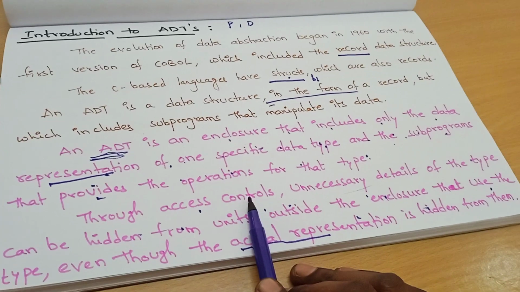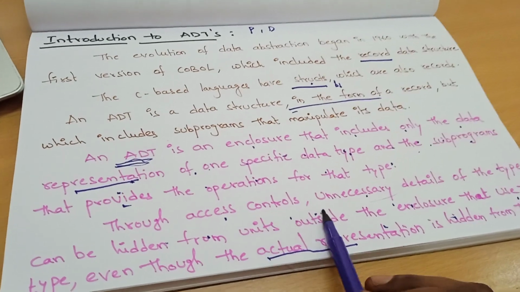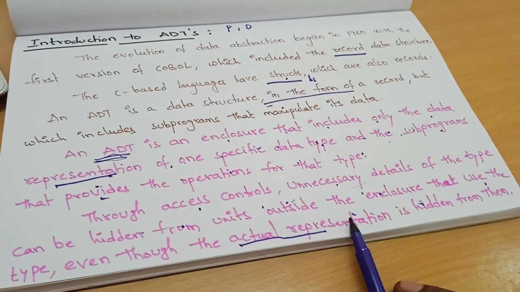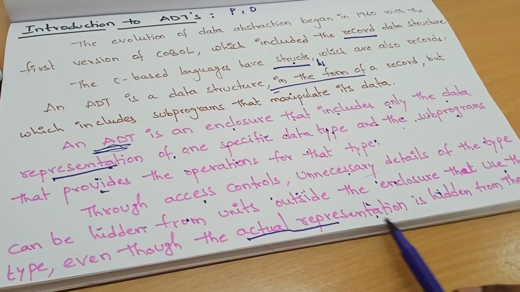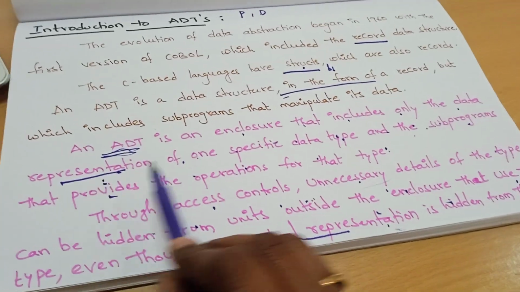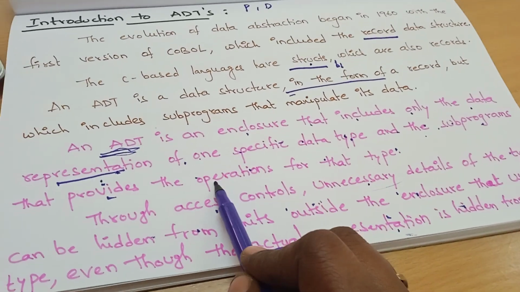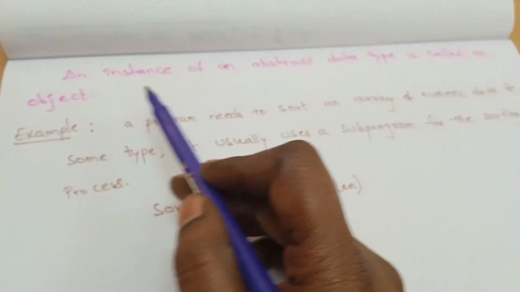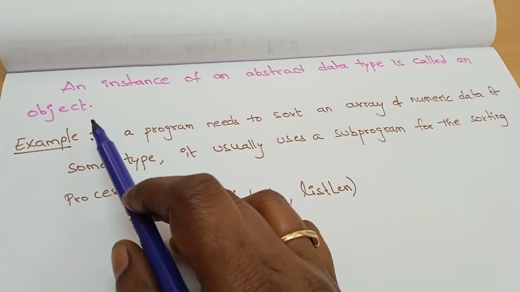Through the access controls, unnecessary details of the type can be hidden from the units outside the enclosure that use the type. What do you mean by actual representation? How it will be implemented. What do you mean by representation? What are the data types of the variables and what operations it performs. That is an ADT. An instance of an abstract data type is called an object.